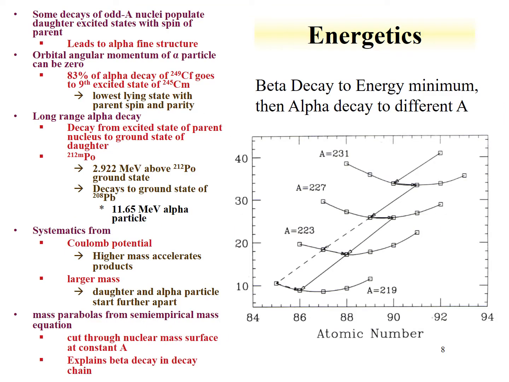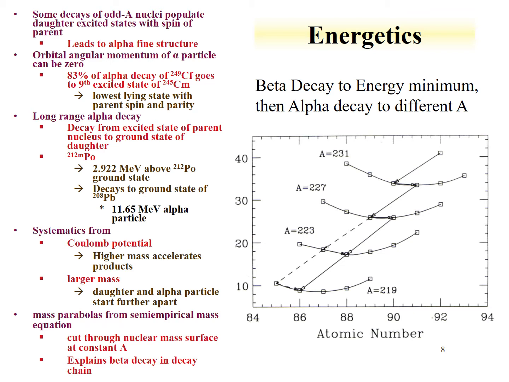As we discussed earlier, alpha particle emission can often demonstrate fine structure. This is due to the fact that during the decay, the parent can decay to an excited state of the daughter. And this is often due to the fact that the daughter nucleus and the parent nucleus spin and parity need to match up to a certain degree.